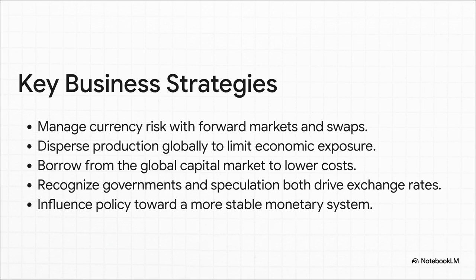Second, to limit that long-term economic exposure, it's really smart to spread out your production activities across different countries. Third, you can leverage the global capital market to lower your borrowing costs, but you have to be mindful of the added currency risk. And finally, you have to recognize that your company can and probably should play a role in advocating for policies that help foster a more stable global system for everyone.